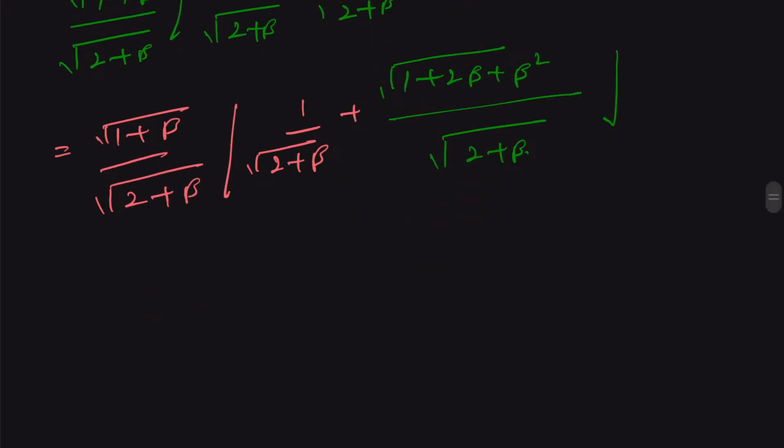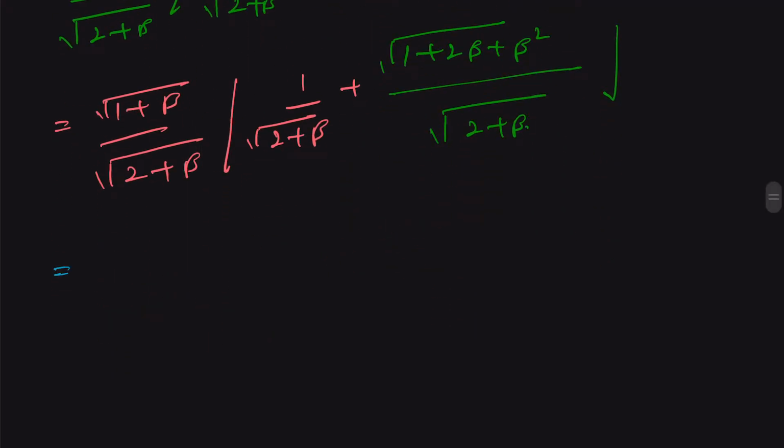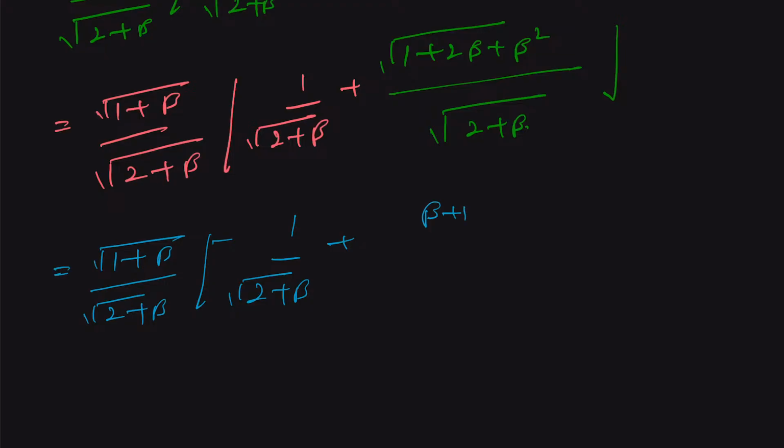And so we get the square root of 1 plus β divided by the square root of 2 plus β, times the square root of 1 plus 2 plus β. And this is the square root of β plus 1 whole square divided by the square root of 2 plus β.